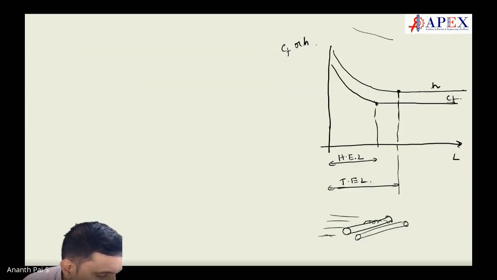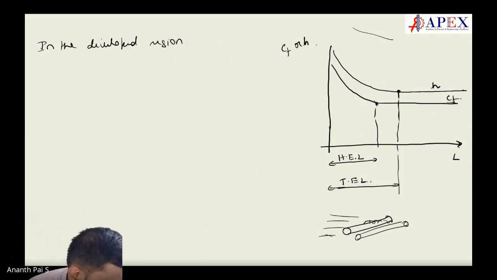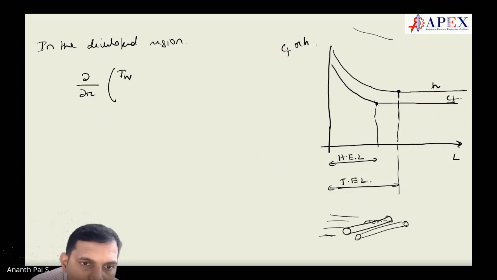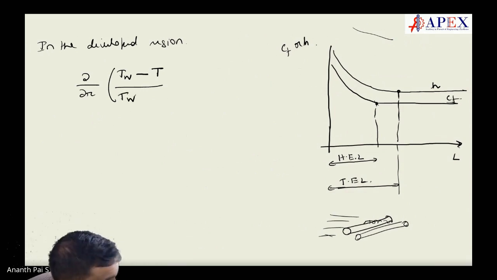Now, I hope you get the point, students. In the developed region, ∂/∂r of (T_wall minus T, the local temperature) divided by (T_wall minus T_m, the mean temperature), I'm not writing x here, observe.